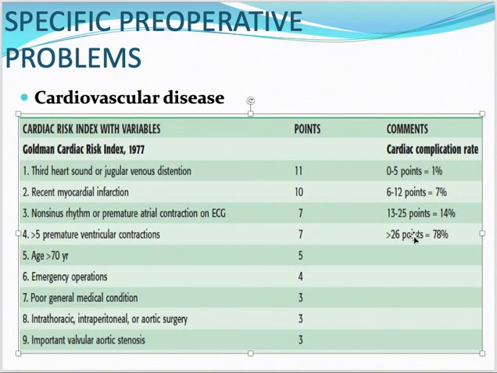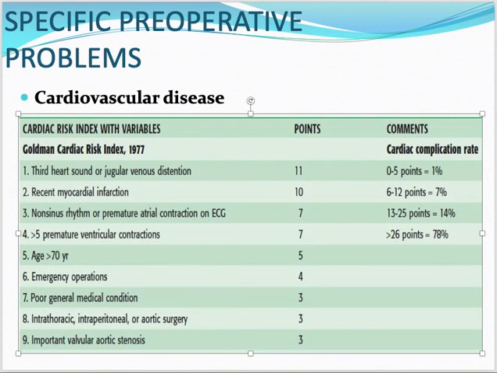If you are evaluating a patient before surgery and you find that they have a third heart sound, or a recent myocardial infarction, or some arrhythmia, or their age is more than 70, each thing carries different marks.